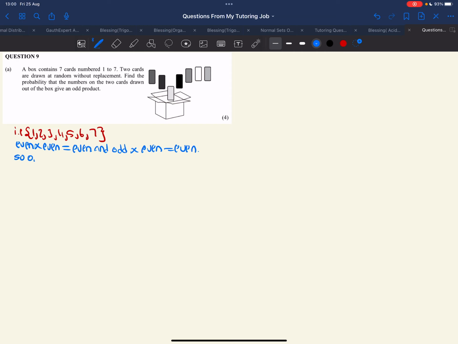So only odd multiplied by odd will give us an odd.